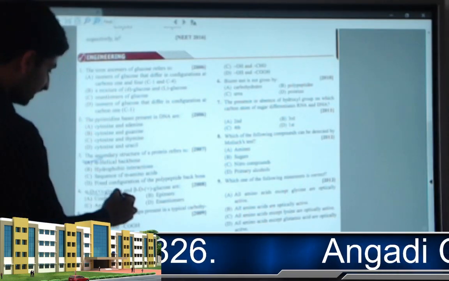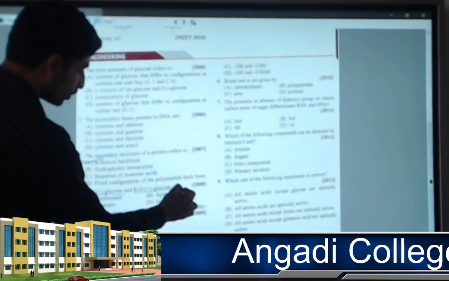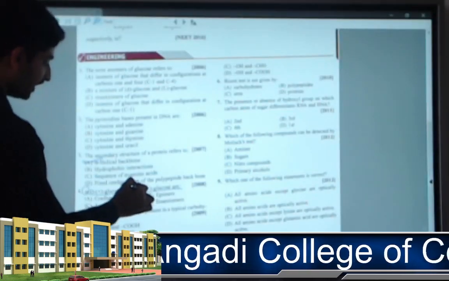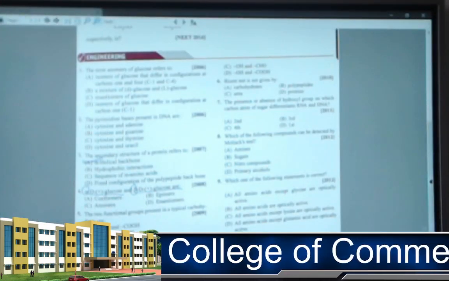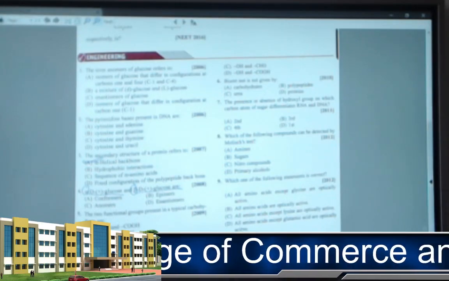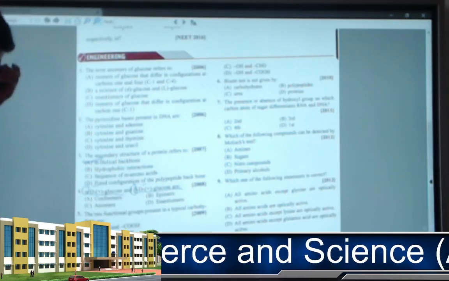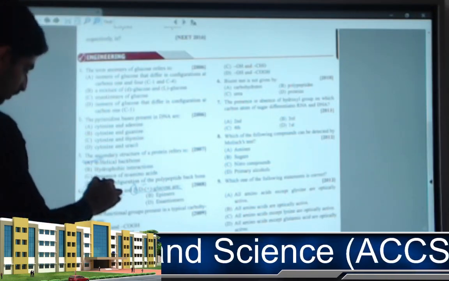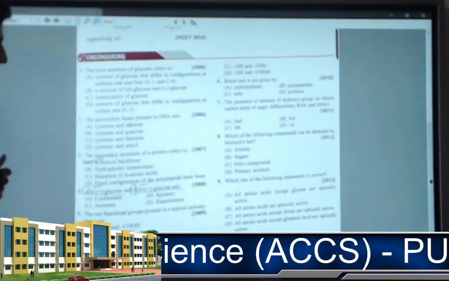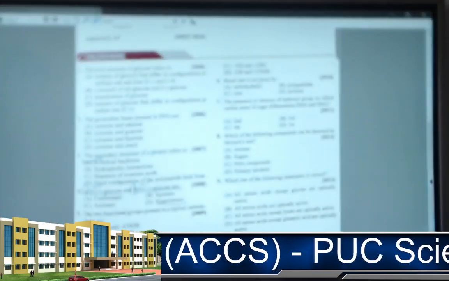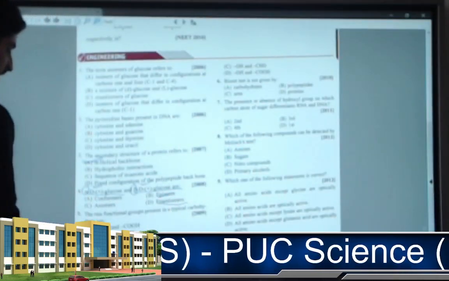Now, alpha D-glucose, beta D-glucose. We say alpha and beta when there is a change in the configuration of carbon number 1. If one was D and the other was L, we would have called them enantiomers. Epimers we won't consider here.